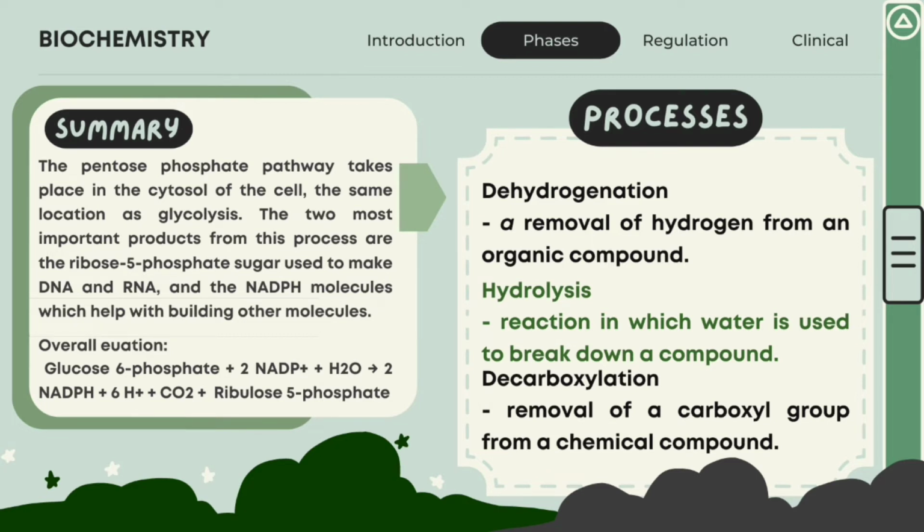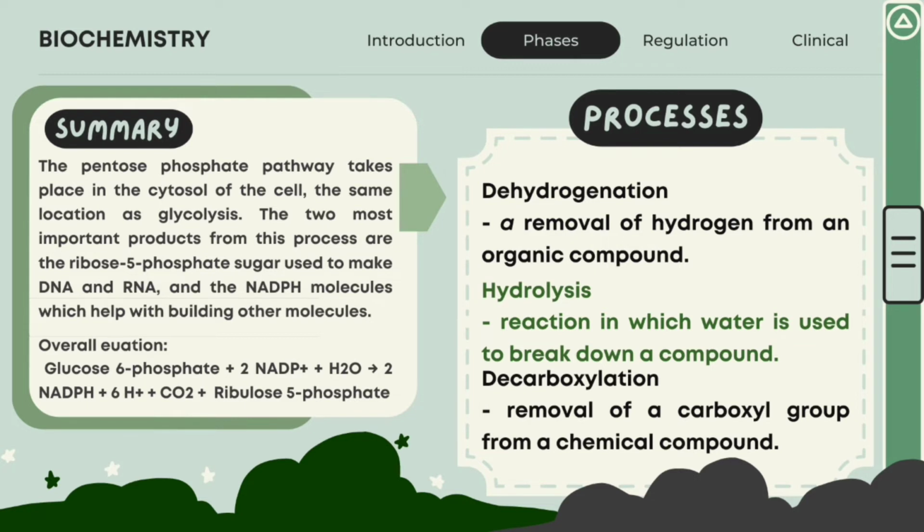Finally, as an overview, in step 1, we have an oxidation reduction reaction, which generated that first NADPH molecule. In the second step, we opened up this molecule to basically be prepared for step 3.